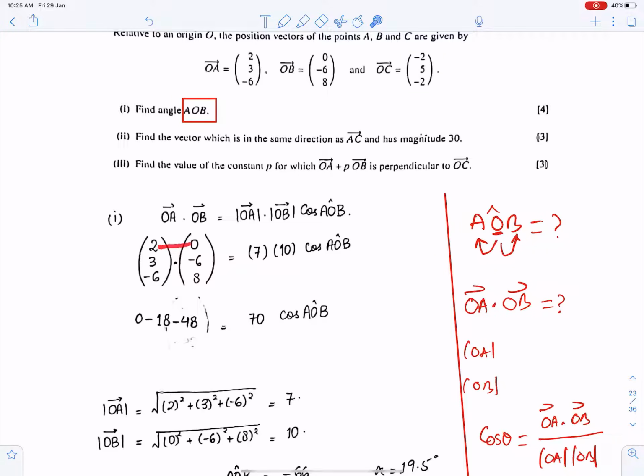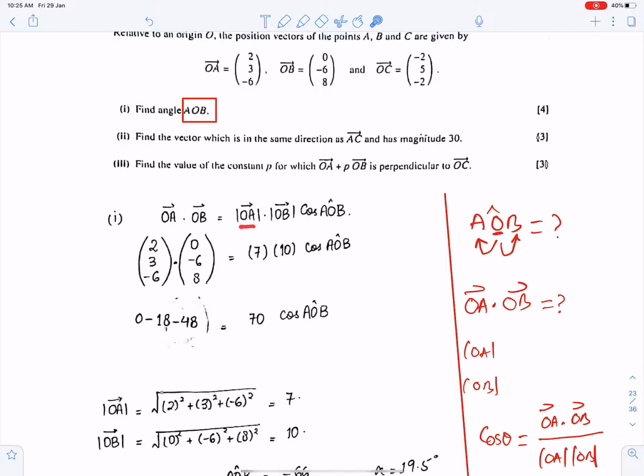X component with X component, Y component with Y, Z component with Z, and always put a plus sign between the numbers. Like 2 times 0 makes 0, then plus sign, 3 times minus 6 is minus 18, therefore this sign will become negative, and this will become negative.